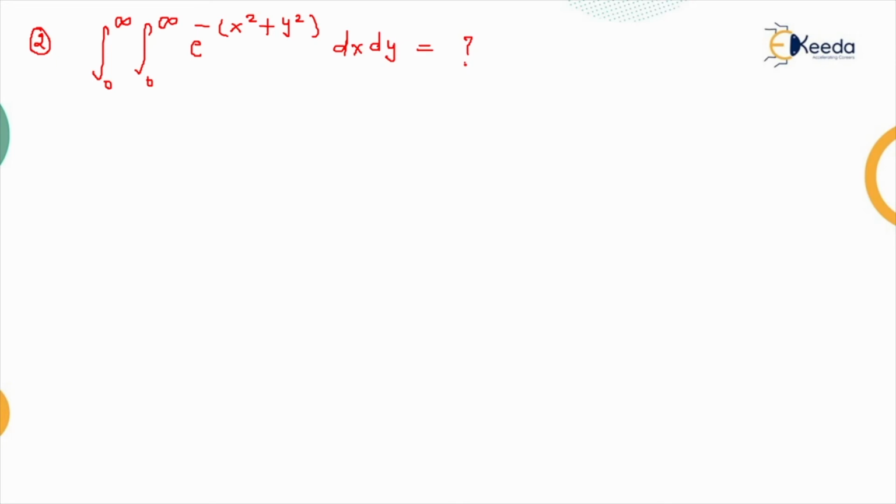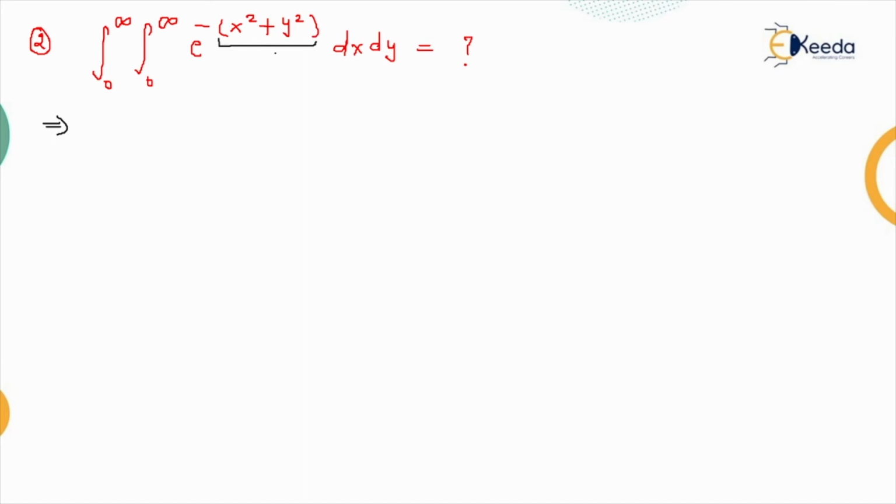You have only one method: change this Cartesian plane to polar coordinates, because e raised to power, that function denotes the equation of a circle. So I'm going to solve this question with the help of circular coordinates. Let's see how. This equation represents a circle, so it can be changed with circular coordinates.